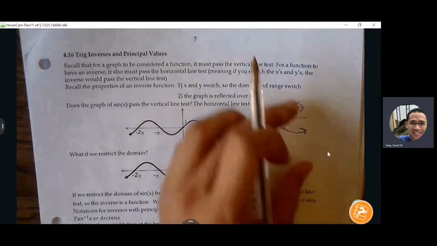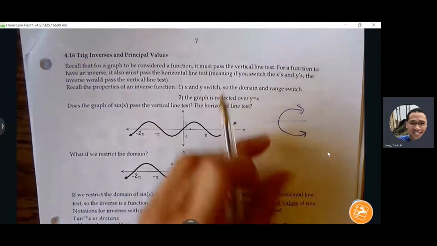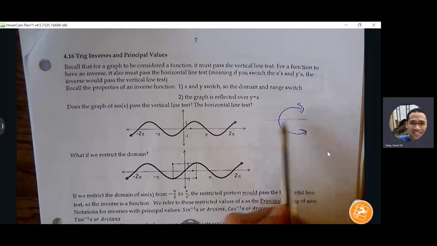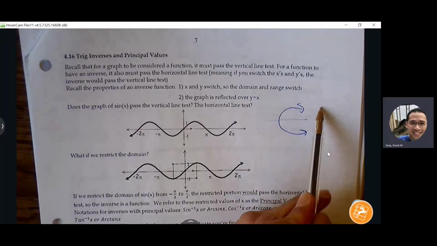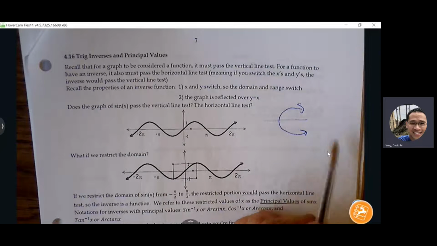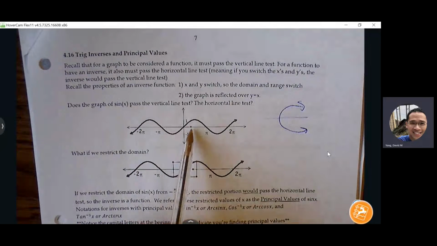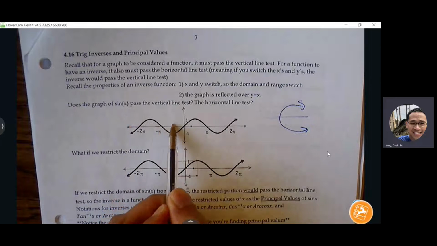So what that means is, basically, an inverse is a graph that is flipped sideways. So you can imagine that this flipped sideways would be a function. So something that passes the horizontal line test would be able to pass the vertical line test for its inverse. Okay. So now this graph here, this is a function, but this graph does not pass the horizontal line test.